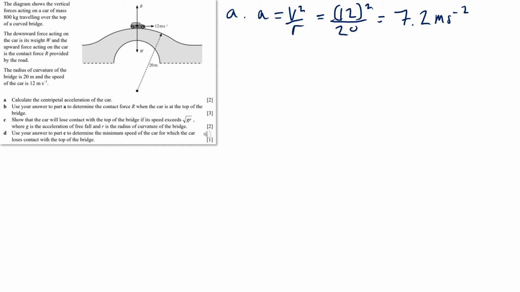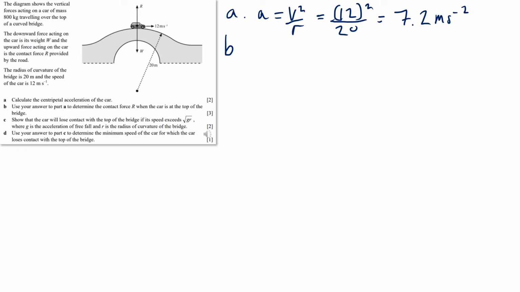Part B, we need to use the answer to part A to determine the contact force when the car is at the top of the bridge. If we look at the diagram, we've got the weight acting downwards, and going in the opposite direction is the reaction or the contact force, or the support force, as it's sometimes written.